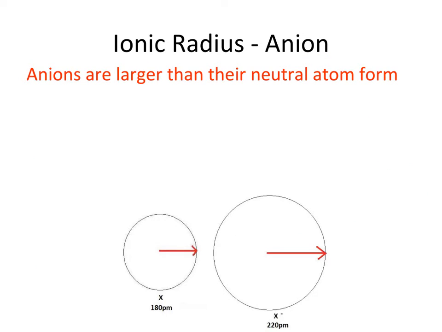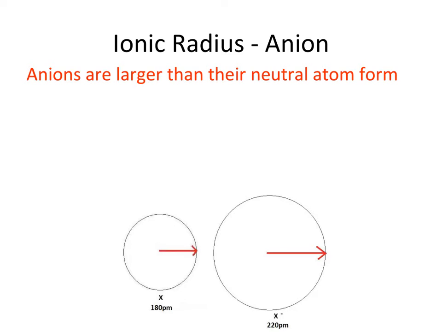The opposite is true for an anion. Anions are larger than their neutral atoms, so for the opposite reasons than a cation. As we add electrons, okay, the shielding doesn't really change that much because the inner electrons don't change. But what you're going to find is that the number of electrons outnumber the number of protons.